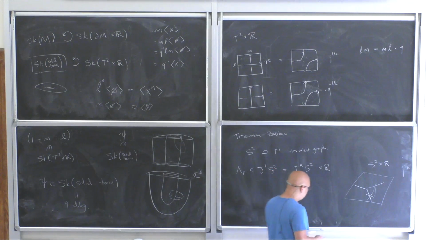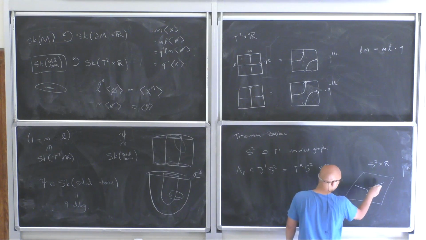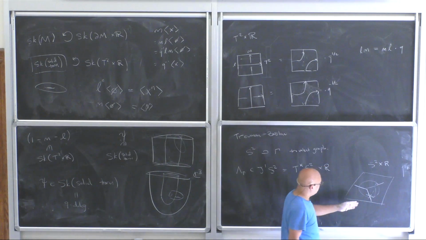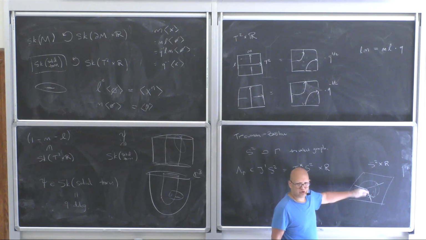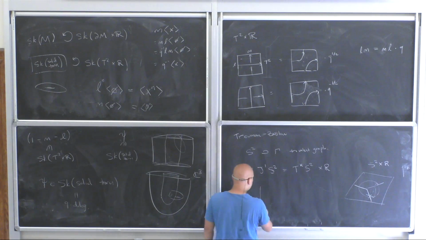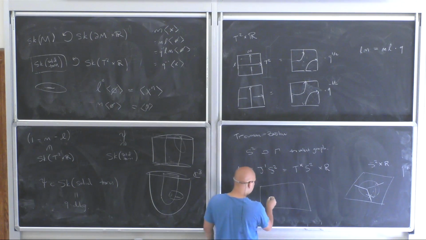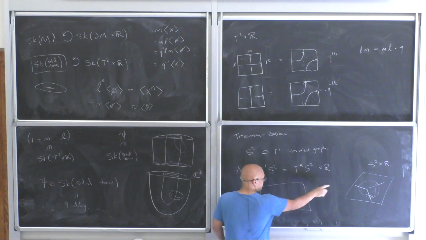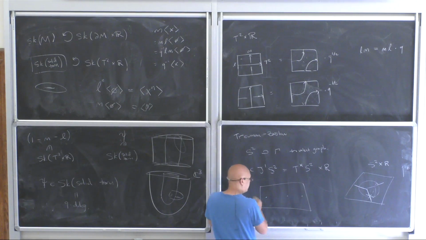Maybe the easiest way to describe this is I'm going to draw you a picture of what it looks like on this circle times R. It meets these spokes in three points, maybe here, here, and here, and it meets the surface like this.